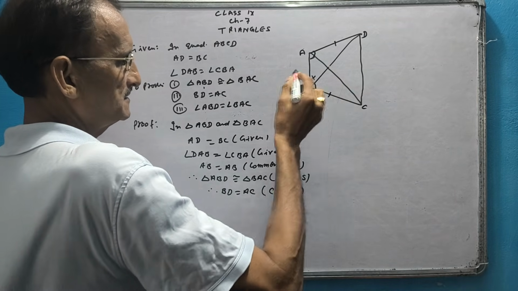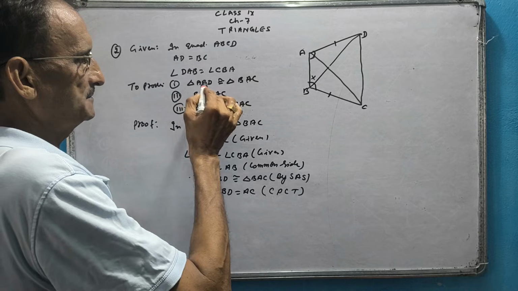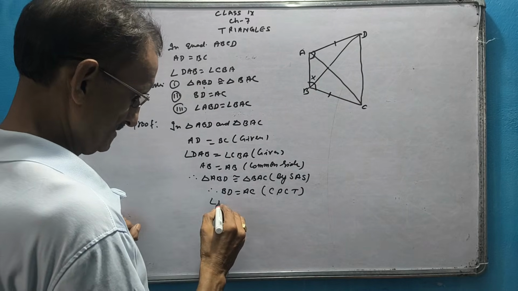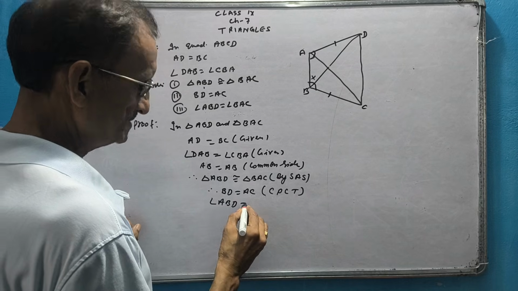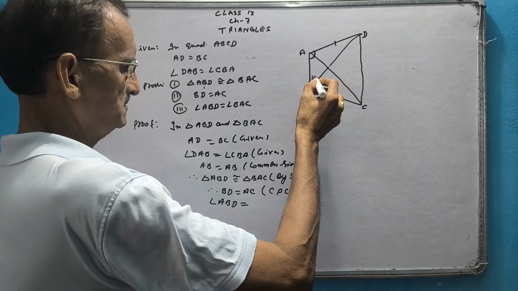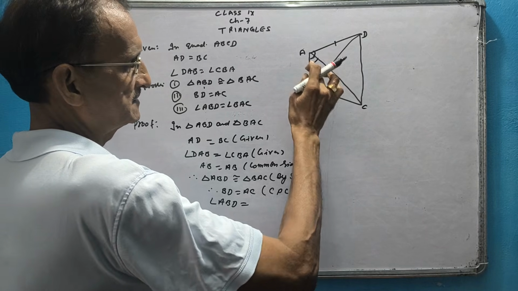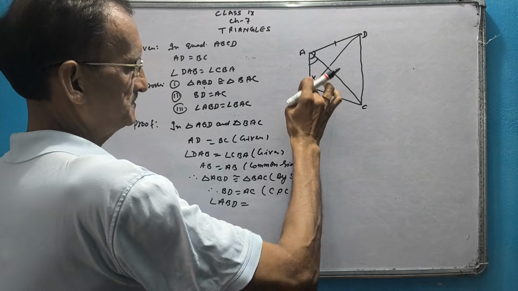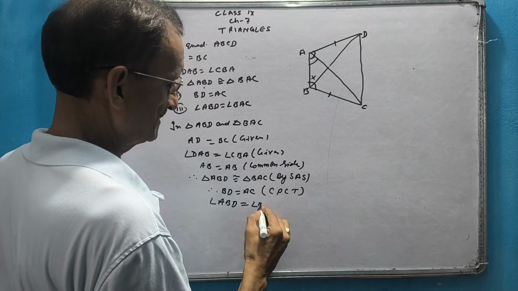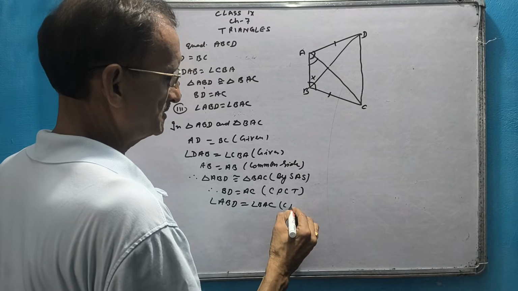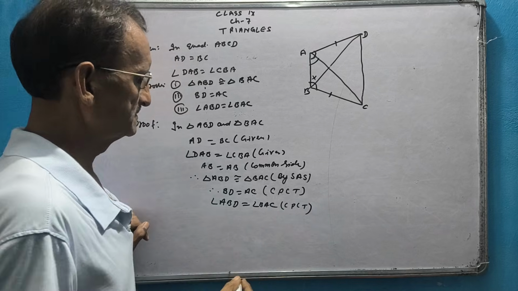Angle ABD of triangle ABD will be equal to the corresponding angle of triangle BAC, angle BAC. This is also called corresponding parts of congruent triangles.